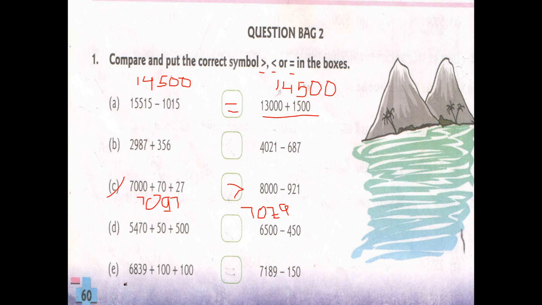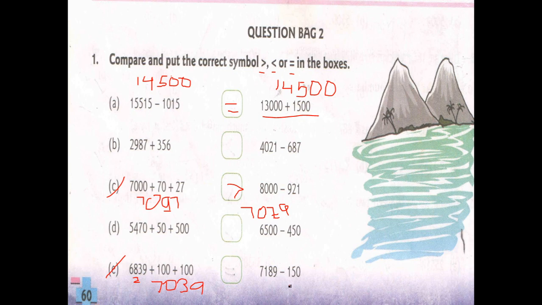In the same way, I am taking this one. When you are adding these three numbers, 100 plus 100 is 200, and adding this to 200, the answer will be 7,039.